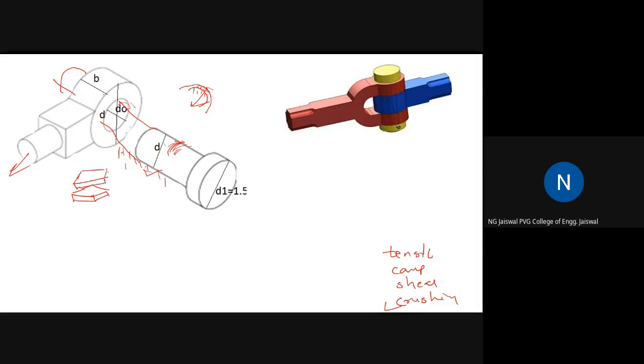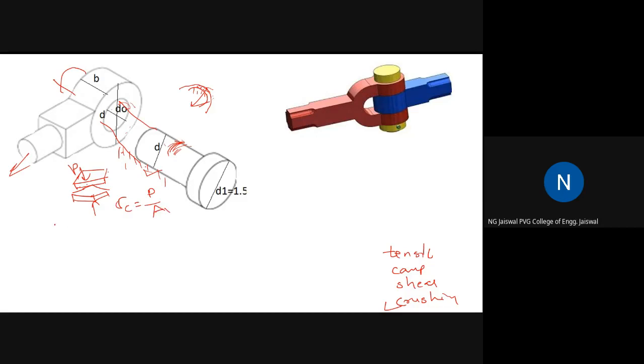Now two plates are compressed and crushed together. What do you write? You write the equation sigma C, that is the crushing stress, is equal to the force responsible for this divided by the common area. Because this is a common area required. Common area under crushing. This is the equation.